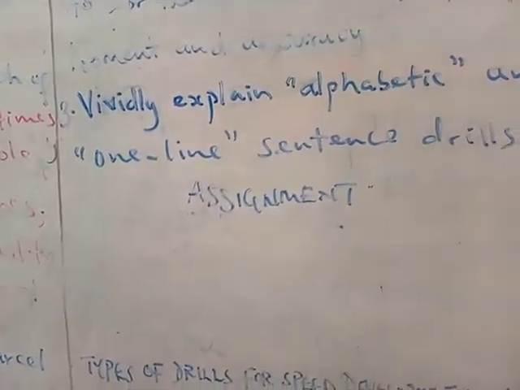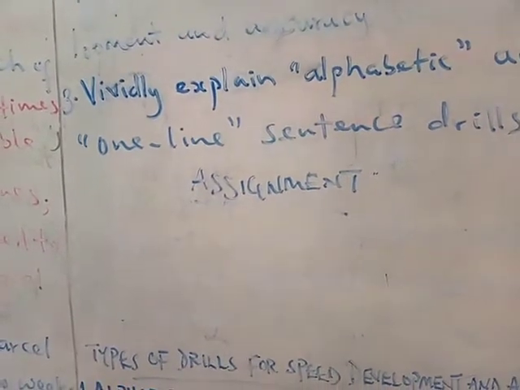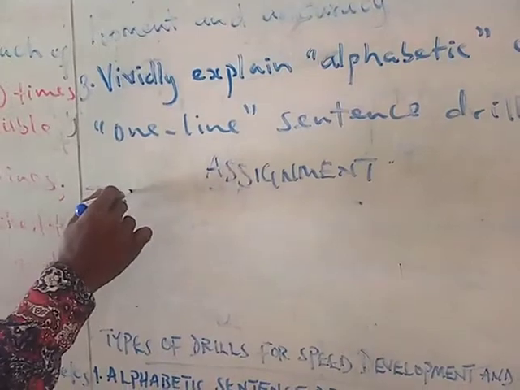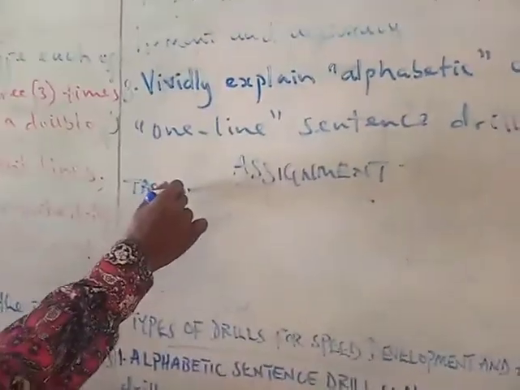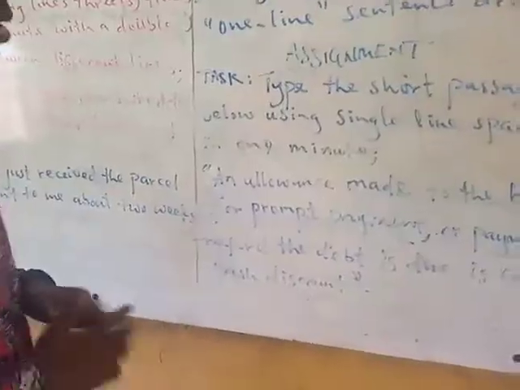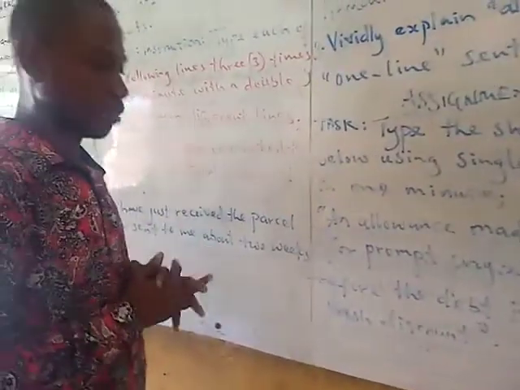So the assignment, the task, says: type the short passage drill below using single line spacing in 1 minute.